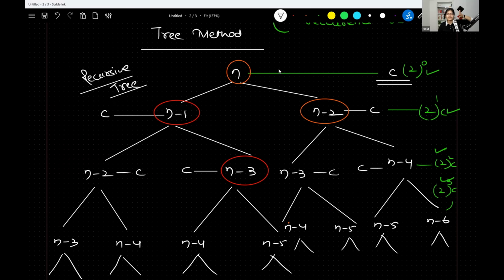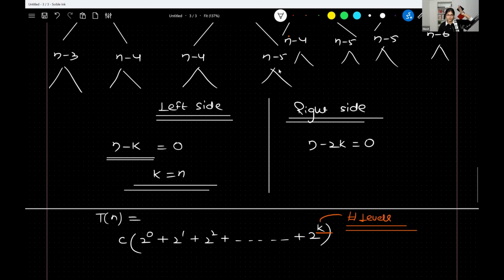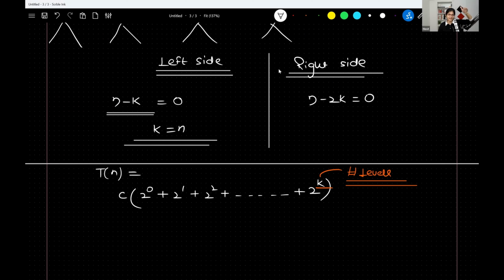When the value of k is 1, it will be n minus 2, then n minus 4, n minus 6, n minus 8, and so on, depending upon the value of n. So the value of k will come here as n by 2.